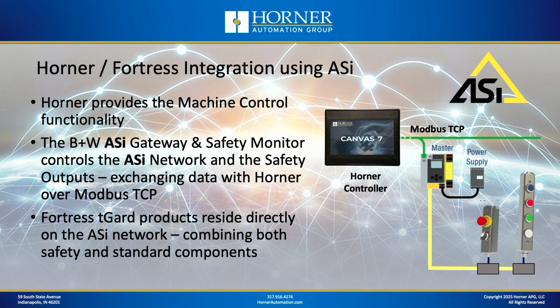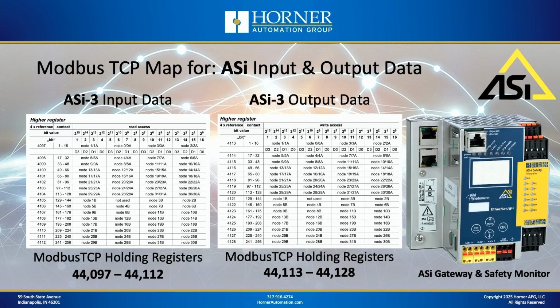And then the Fortress tGard products are just sitting directly on the ASi network, reporting back to the B&W ASi gateway and safety monitor. And then the Horner controller and the gateway and safety monitor are just exchanging data over Modbus TCP. So really straightforward, couldn't be simpler.